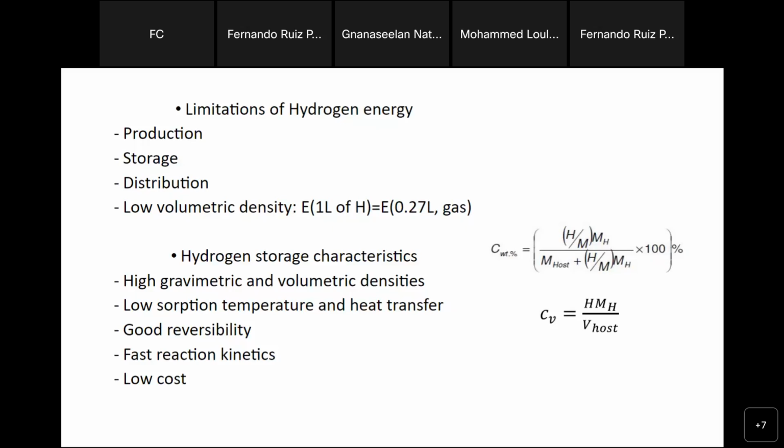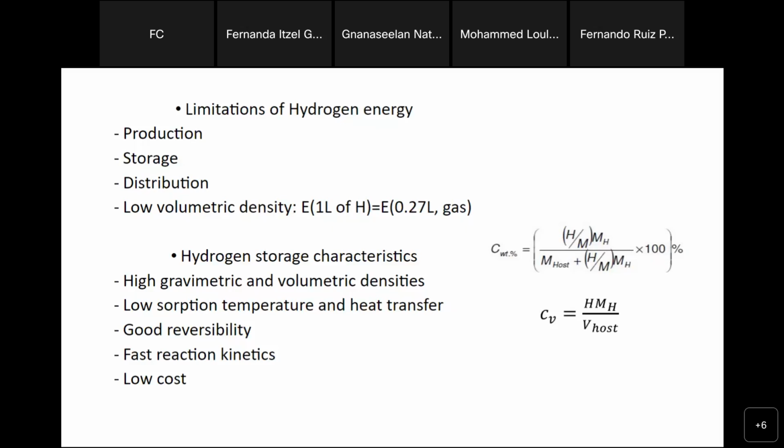Then, for efficient use of hydrogen storage, the storage system must have high gravimetric and volumetric densities.